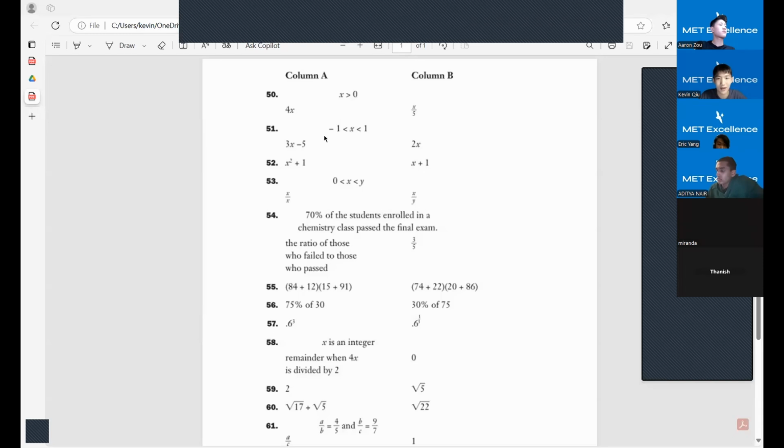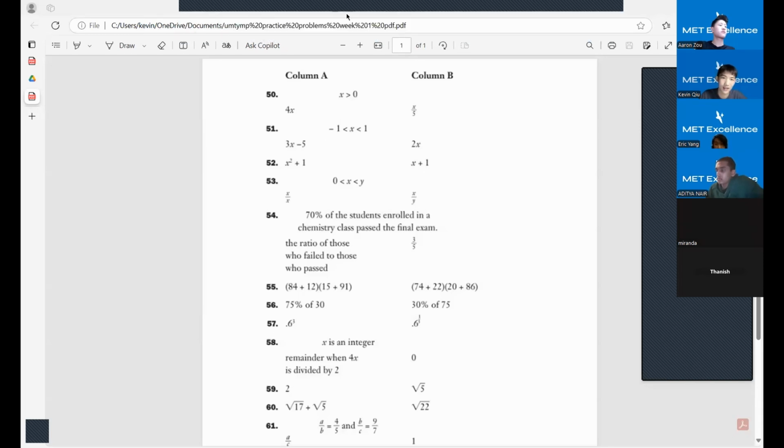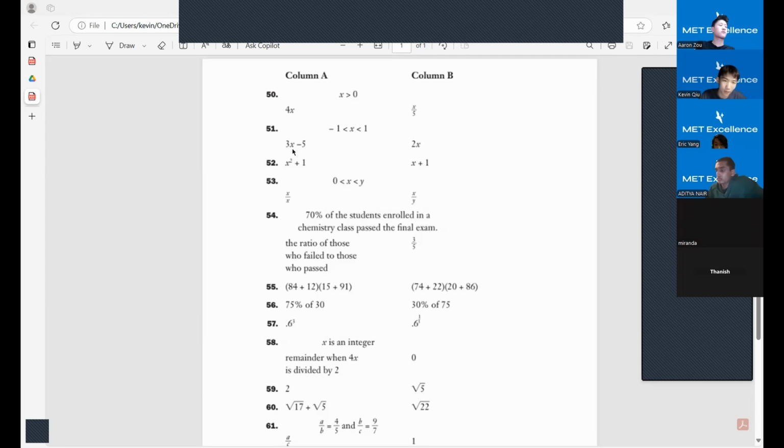Given that -1 is less than x and x is less than 1, what do you guys think is bigger, 3x minus 5 or 2x?